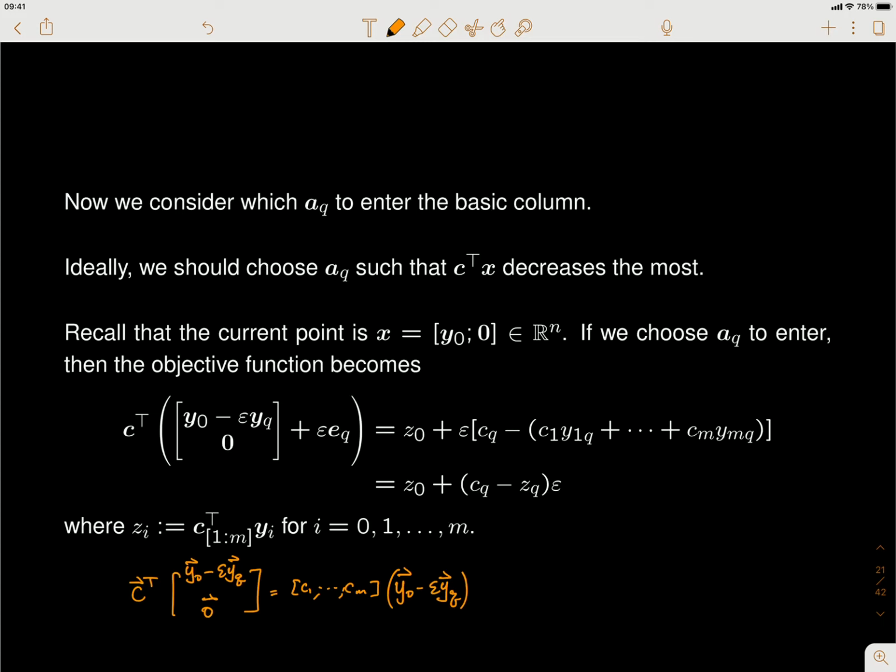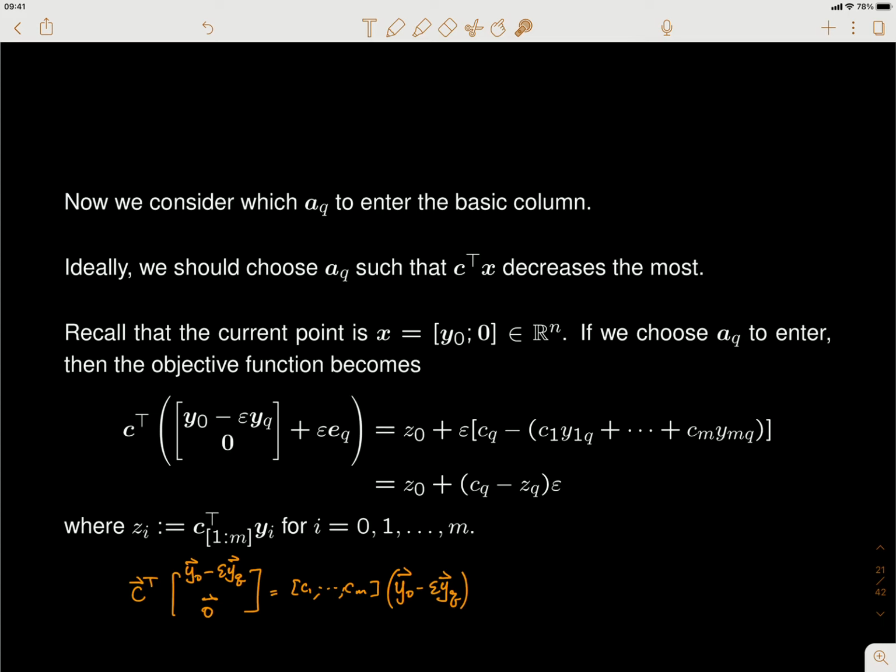So I gave a notation here. The zi denotes the inner product of yi and the vector formed by the first m components of c. This c1 through m is like a MATLAB notation, just the first m components of the vector c, multiplied by yi as an inner product, because y is an m-dimensional vector as well.